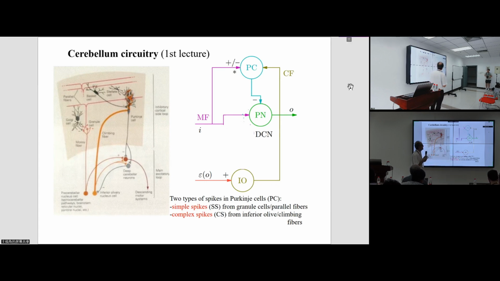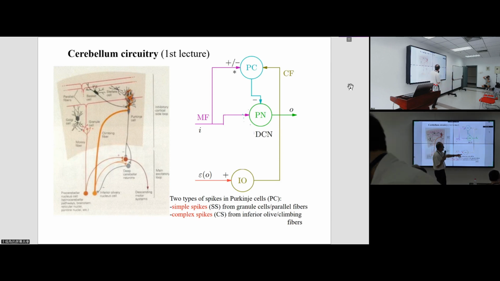Okay. As I was saying last time, and I remind you, if you induce a spike in the Purkinje cell via the parallel fiber, this is one type of spike that you can recognize in electrophysiological recording.